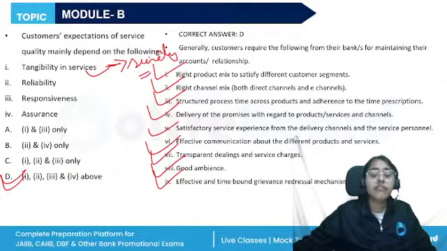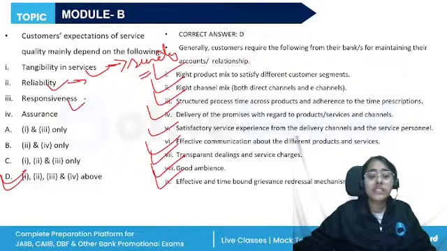For example, if a customer is coming to get a savings bank account opened, along with the savings bank account, a passbook will be given or a debit card can be given. It will provide tangibility. Reliability means that the customer can rely on the bank. If there are any fraudulent transactions, then the customer knows that the bank will help them.